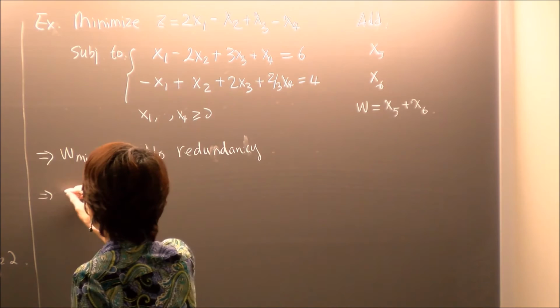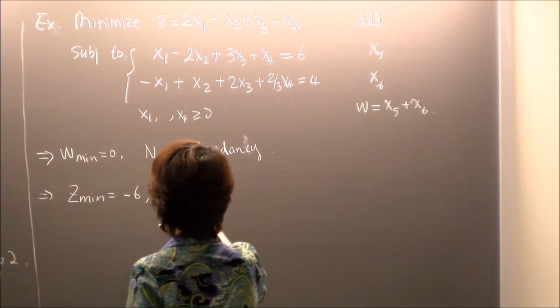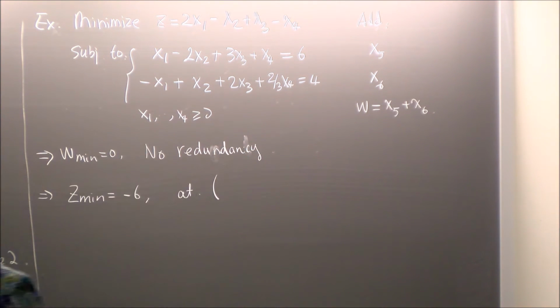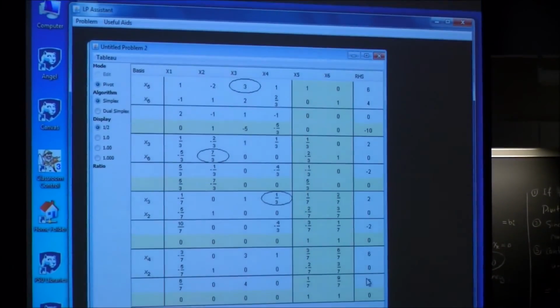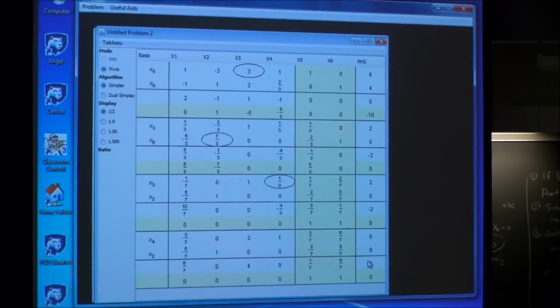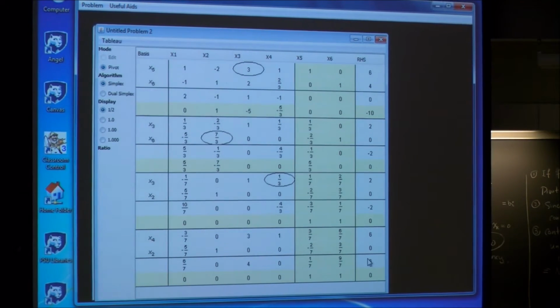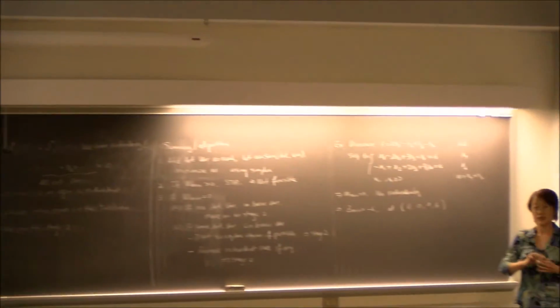And then second, I managed to find the z min is -6, attained at, can you find out the basic solution where the minimum of z is attained? So x2 and x4 will take the value on the right-hand side here. And the other x's are 0. Is that right? So x1 is 0, x2 is 0, x3 is 0, x4 is 6. Is that clear?